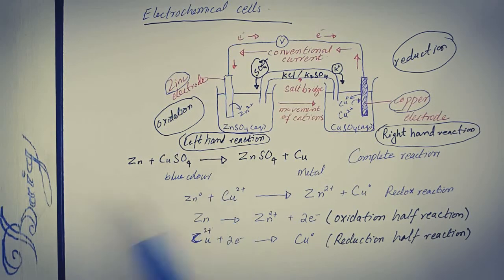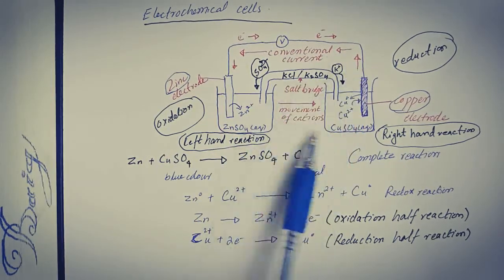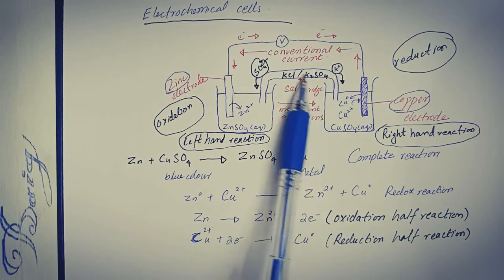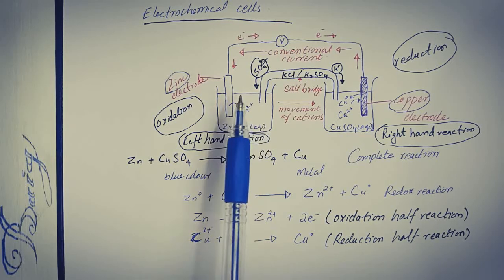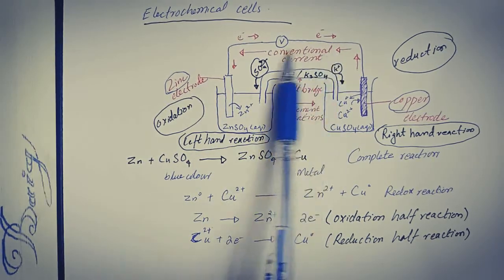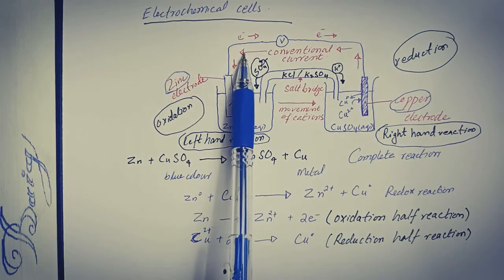So in this way the electrons move in the outer circuit, whereas the ionic species move in this inner salt bridge. And overall the conventional current has a direction opposite to the flow of electrons.